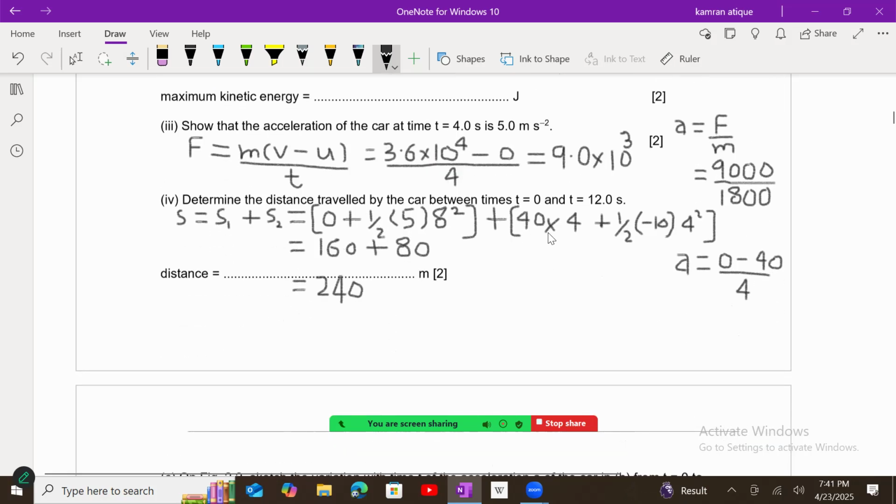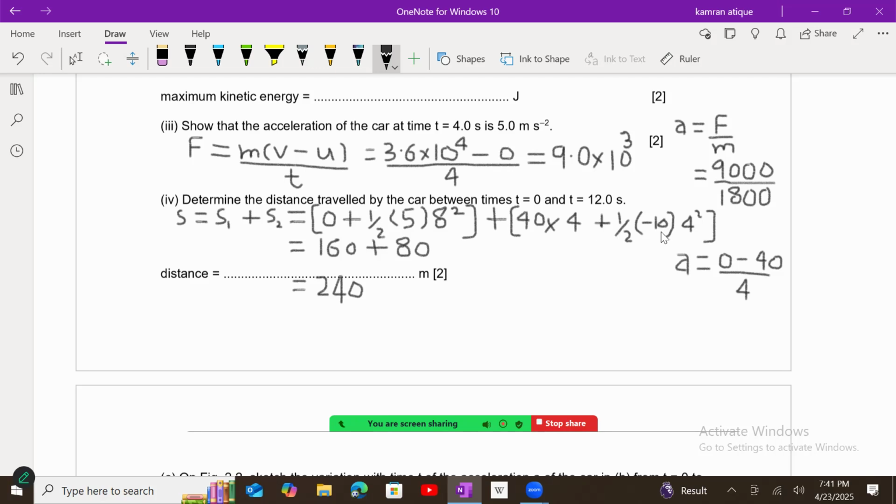So here you can see for ut, we have taken 40 into time of 4 seconds plus half. As it is the case of deceleration or retardation, as the velocity is decreasing, clearly from the graph you can see that the velocity is decreasing. So this is the case of deceleration, and I have taken the value of acceleration as negative.